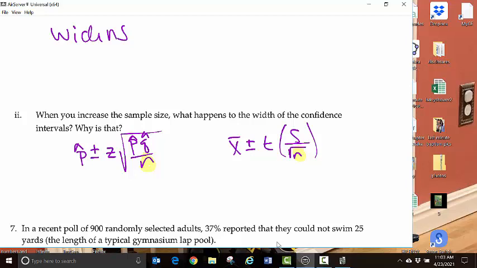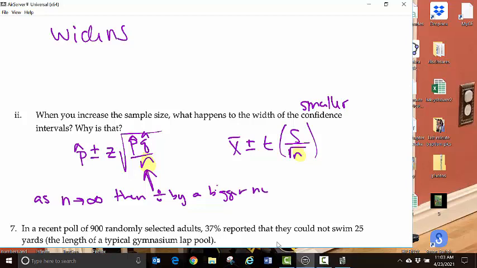They decrease, they get smaller because, right, if this number gets bigger and you're dividing by that number, then your standard deviation is going to get smaller. As n gets bigger, then you are dividing by a bigger number. So the standard deviation gets smaller, and you build your confidence intervals on how many standard deviations away you need to be confident.